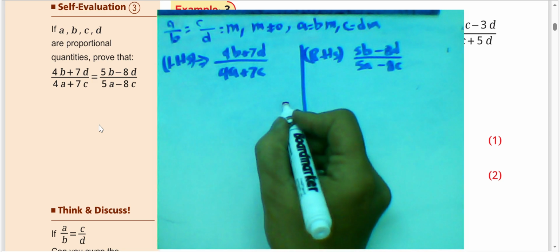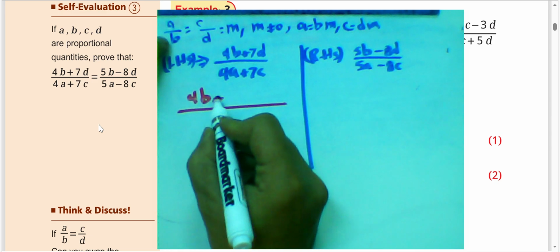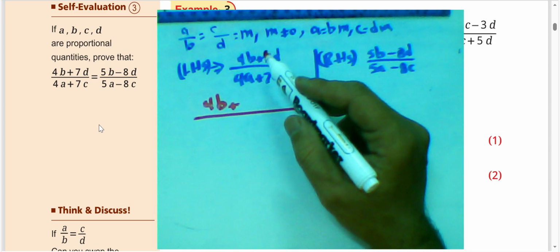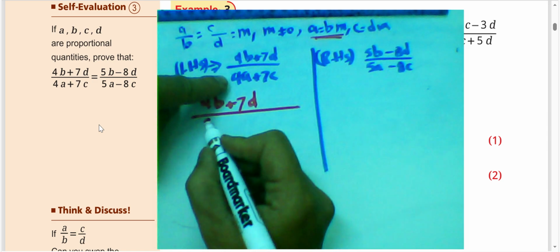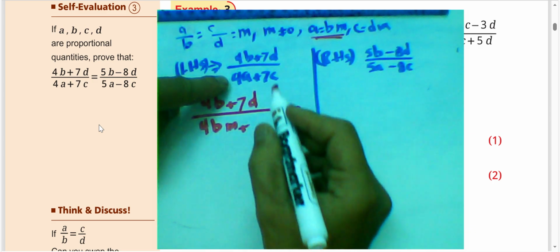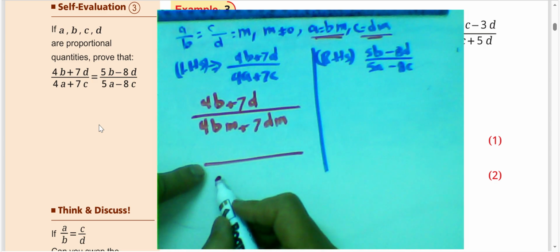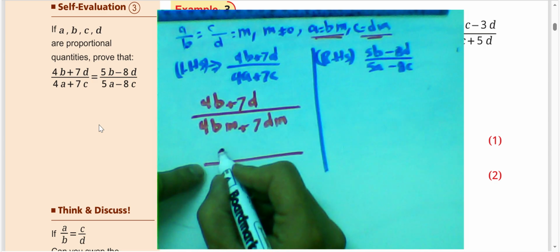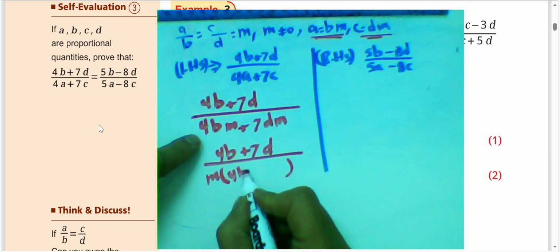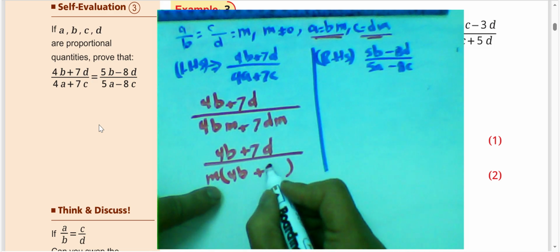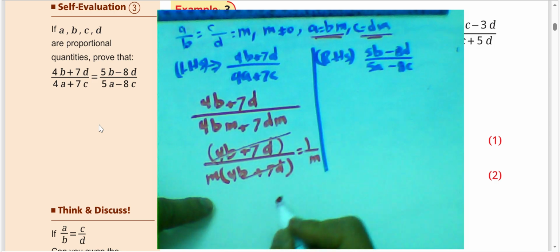We can write 4 times b, plus 7 times d, over 4 times a, which is bm, so 4bm, plus 7 times c, which is dm, so 7dm. Next I will factor out m, which is repeated. We have (4b + 7d) over m times (4b + 7d), divided by m. Then we can cancel together, and the result will be 1 over m.